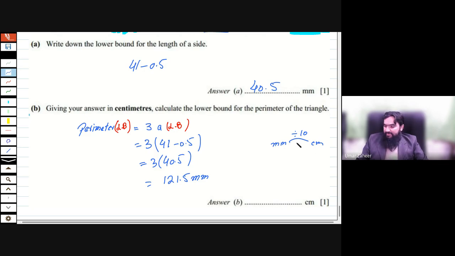The difference between them is 10, divided by 10 or multiplied by 10. So it is 121.5 divided by 10, and the whole thing is converted into centimeters: 12.15 centimeters.